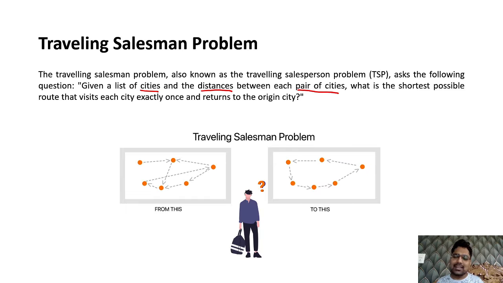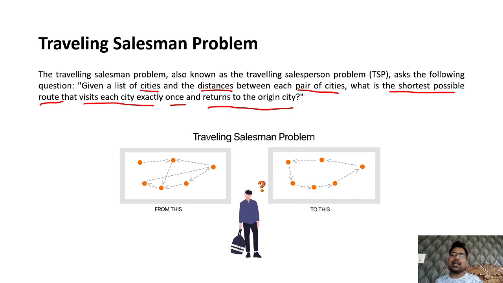This is what exactly is written. So what is the shortest possible route that visits each city exactly once and returns to the original city? Where you started, there you may return, not an issue, but the distance you cover should be minimum, and you will return to the original city also.